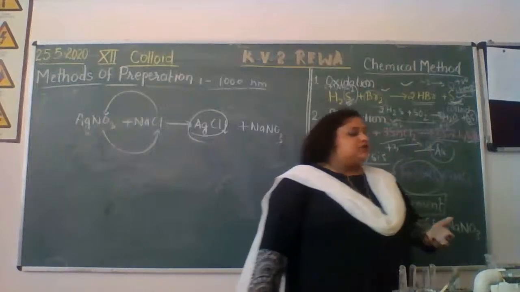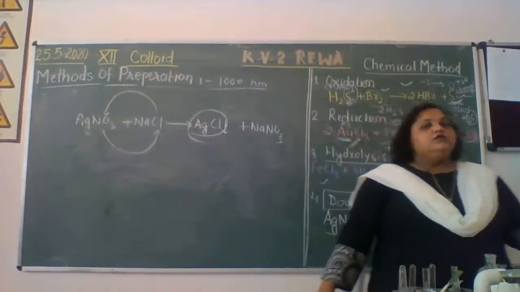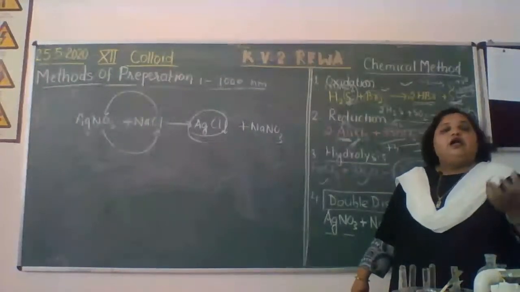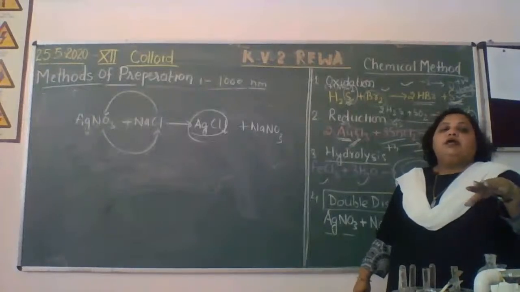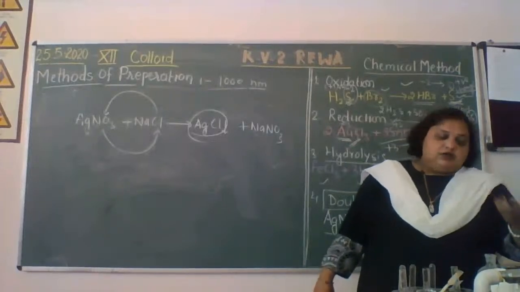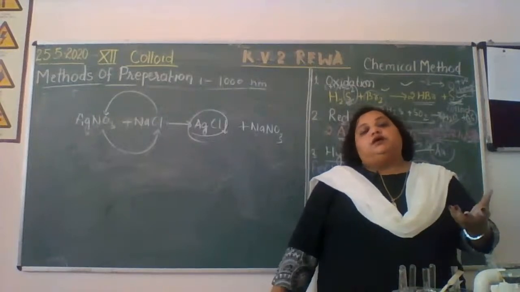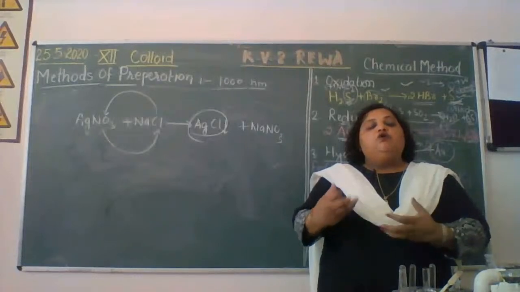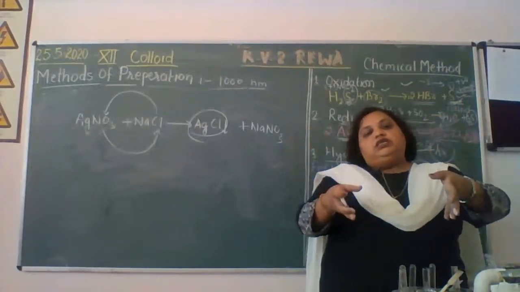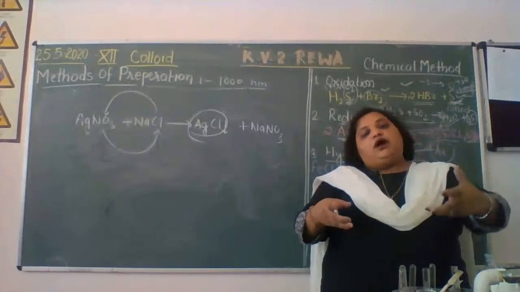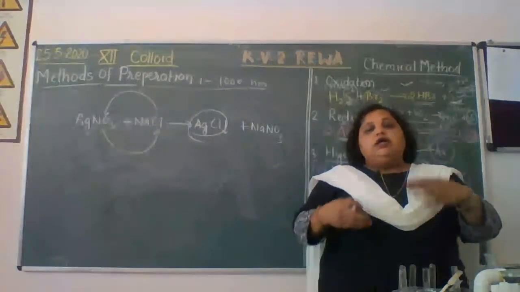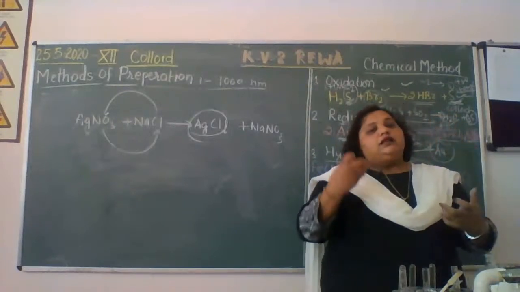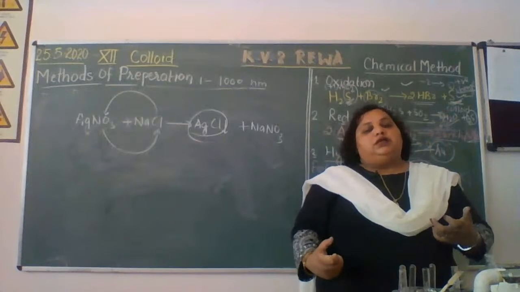The mechanical dispersion method: you take the dispersed phase and pour it into a mechanical device, like a mixer or the flour mills. Like the wheat is poured there and ground into fine powder, which comes out. In a similar way the mechanical method is used, and this mill is called the colloidal mill.